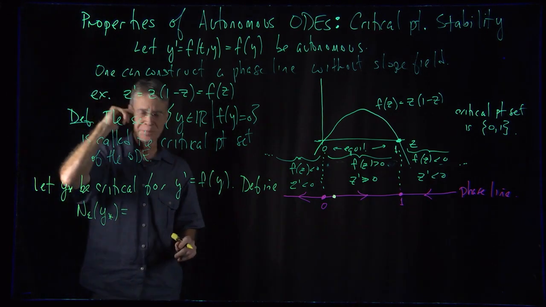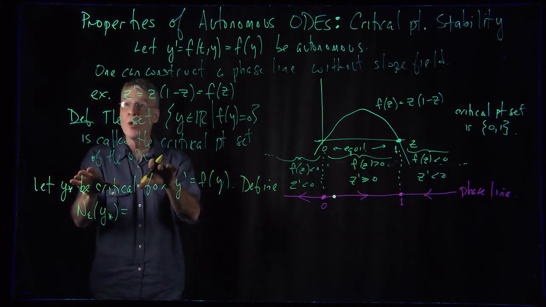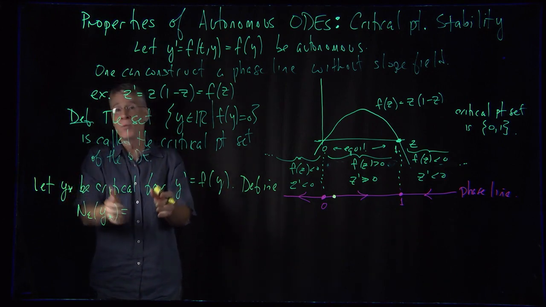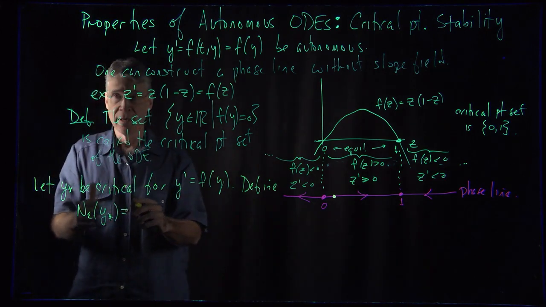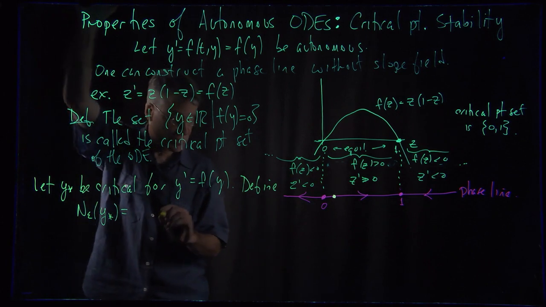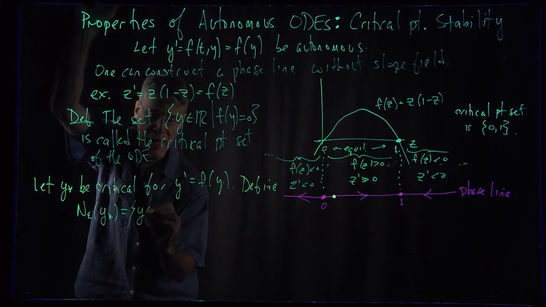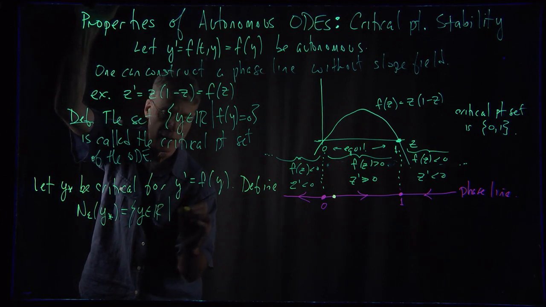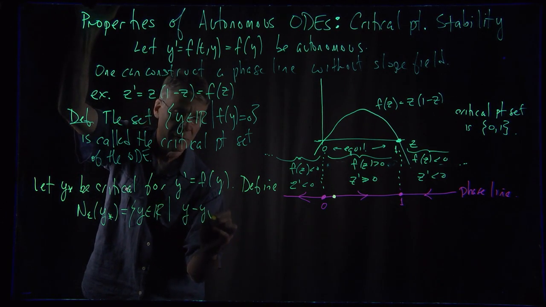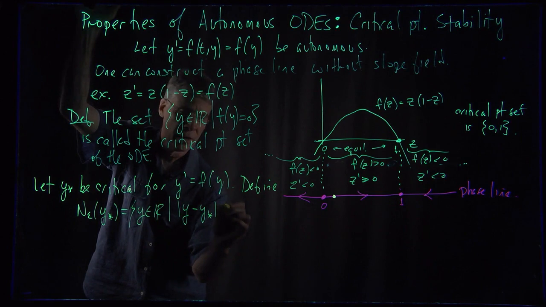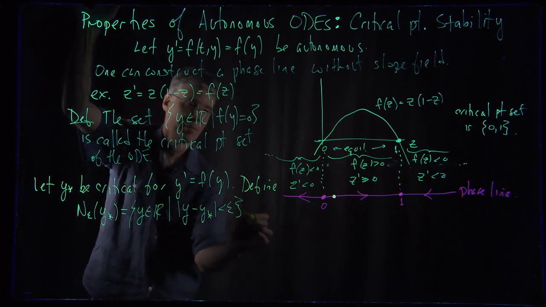This is a notation for a small open neighborhood around y star. We call it a neighborhood, basically a small open set containing it. That would be the set of y in R such that |y minus y star| is less than epsilon.